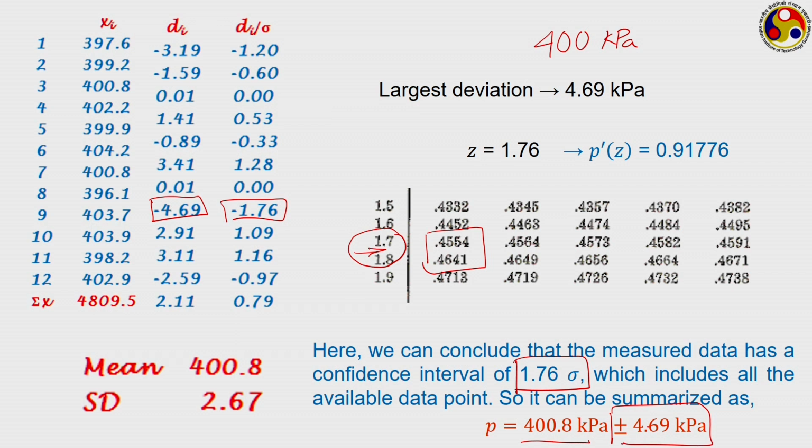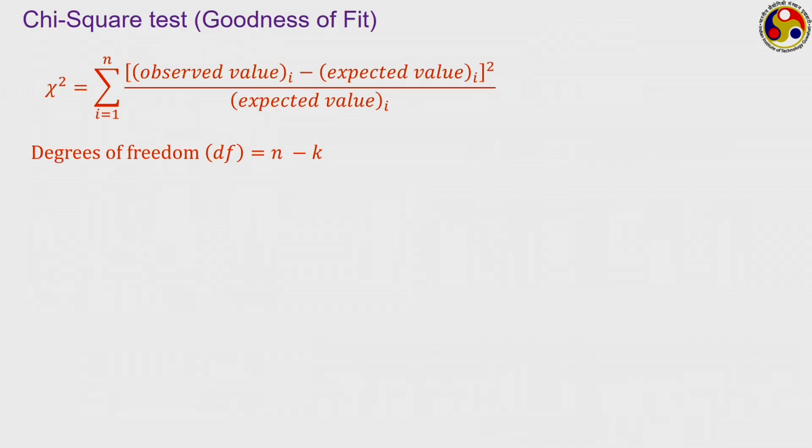So, the table of data comprising 12 pressure readings has a mean of 400.8 kilopascal, and an error of 4.69 kilopascal. In this particular example, this error of 4.69 kilopascal is not a very significant one, because it is coming well within that plus minus 2 sigma limit. Next, another test that I will cover very quickly.